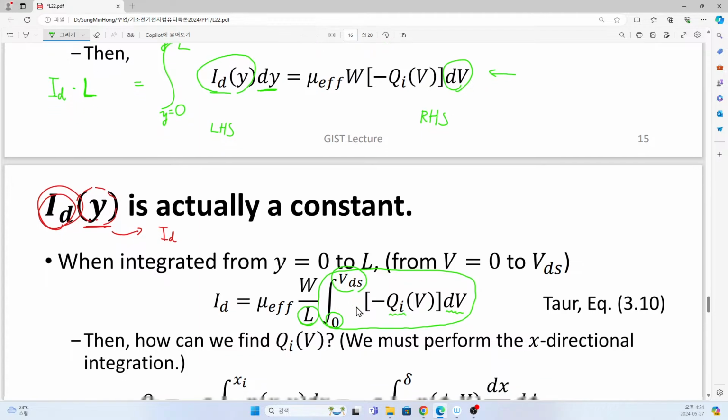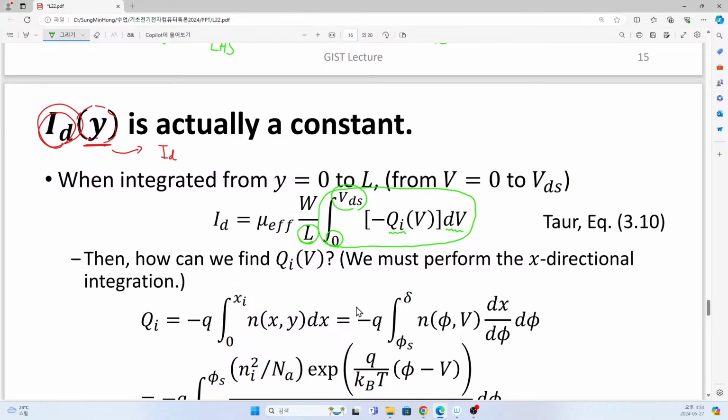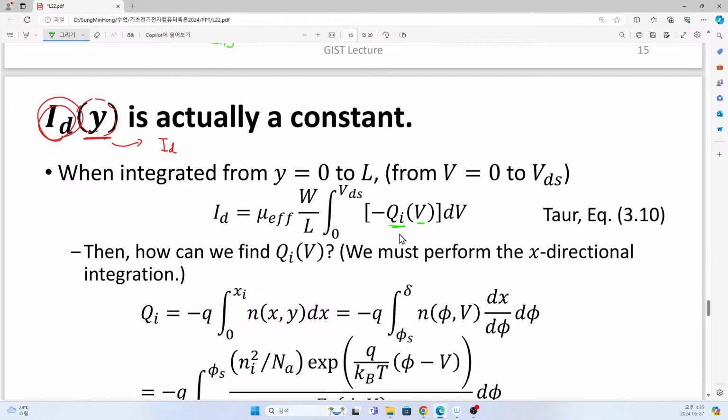This form is particularly important. Once we can find a certain expression of Q sub I, the inversion charge density, as a function of V, the electron quasi-Fermi potential, then we can try to make this integration. Then how can you do that? I will explain this from lecture 23.